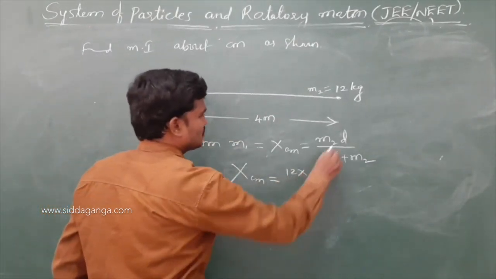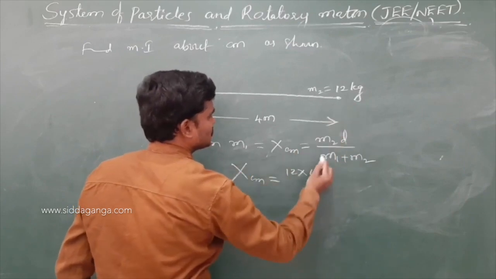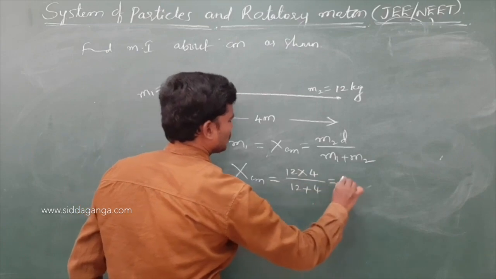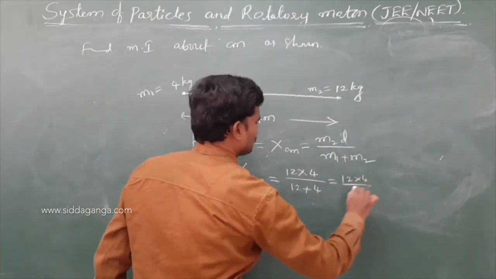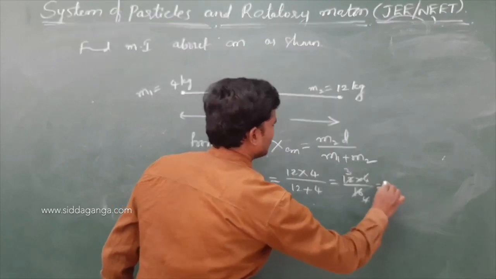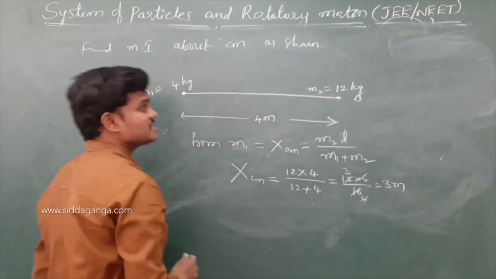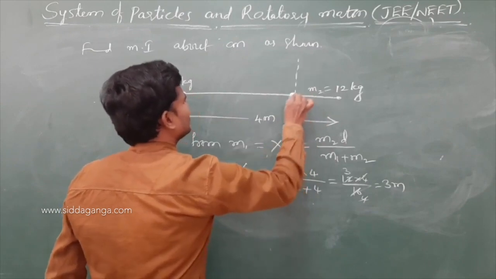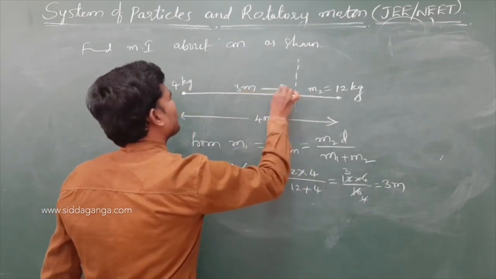So 12 into 4 divided by 12 plus 4, 12 into 4 by 16, 4 4s are 16, 4 3s are 12. So the center of mass distance is 3 meter.